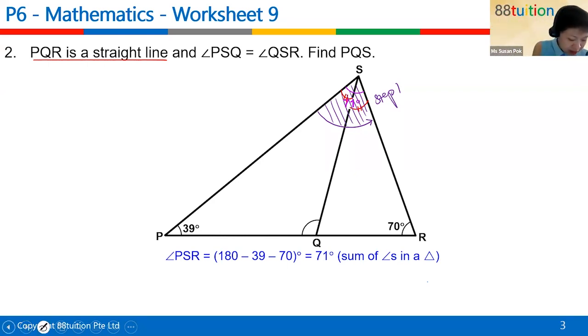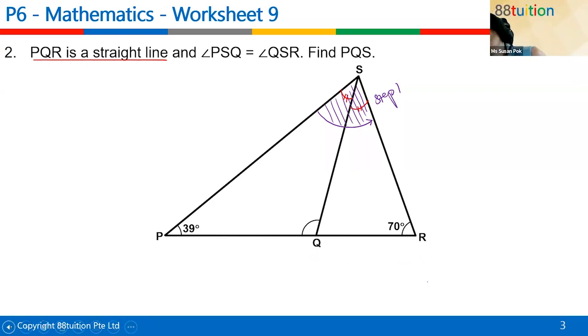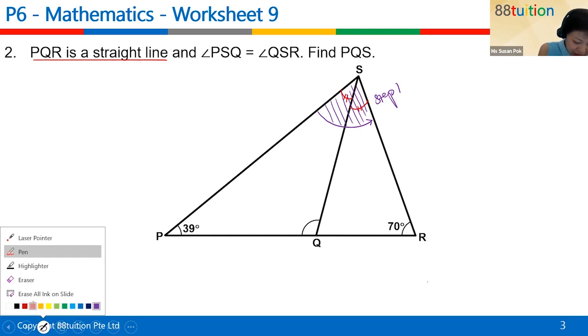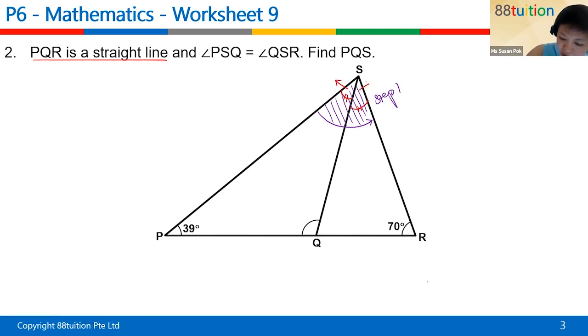Step 2, shall I ask Serena? Serena, can you help me with the right angle here? How can I find my right angle? Because it tells you that PSQ is equal to QSR. With whatever was found there, 180 minus 39 minus 70 gives me 71.